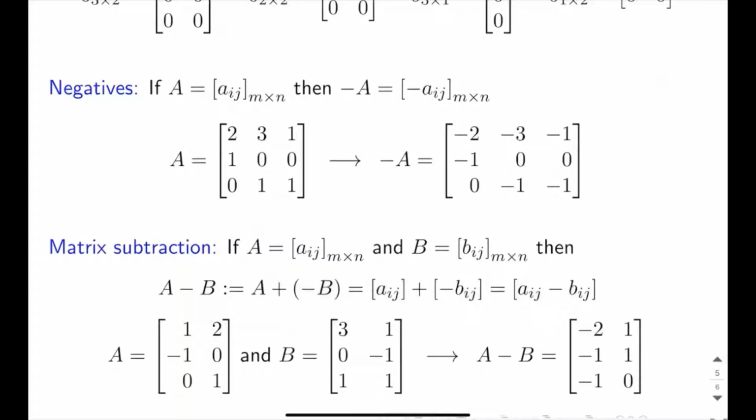For example, consider the two matrices A and B here. If you want to subtract A and B like this, then you will subtract 1 by 3 and you get negative 2. You will subtract 2 by 1 and you get 1. And you continue in this fashion for all other entries of A and B.